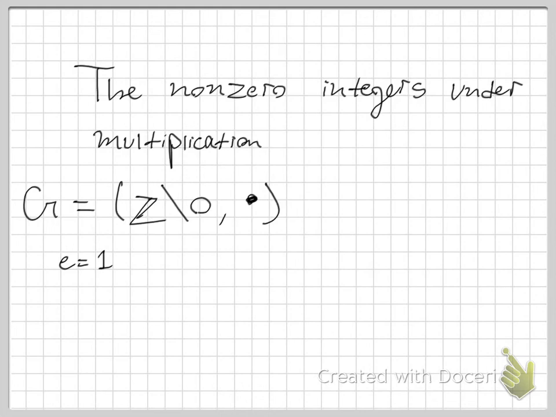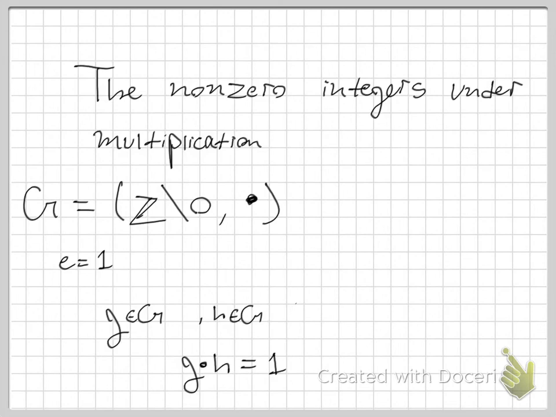Now, in order for it to be a group, every element must have its inverse that is in the group, meaning every little g in G has to have an h in G such that g times h, because our operation in this case is multiplication, must be equal to 1, and both h and g must be in G.